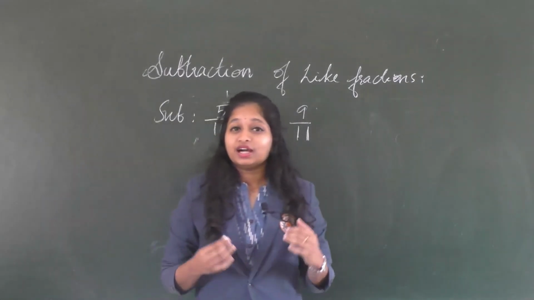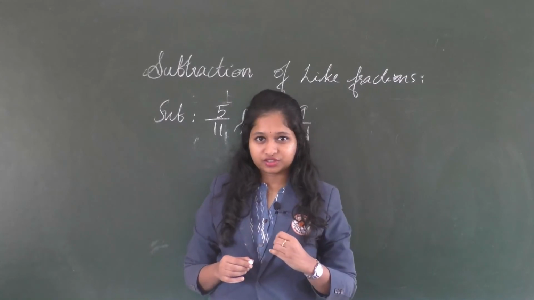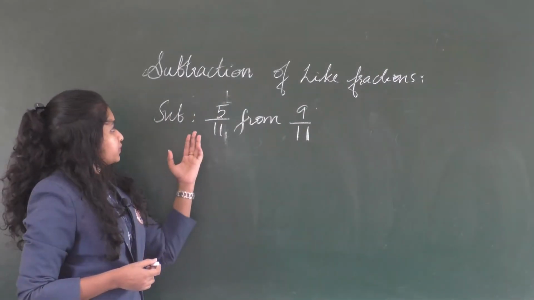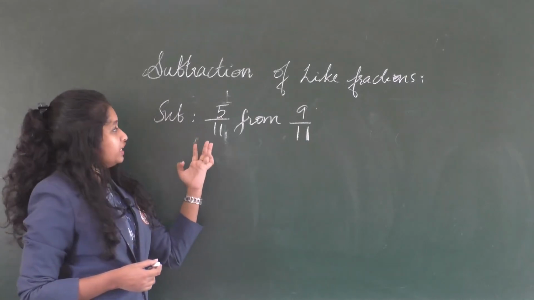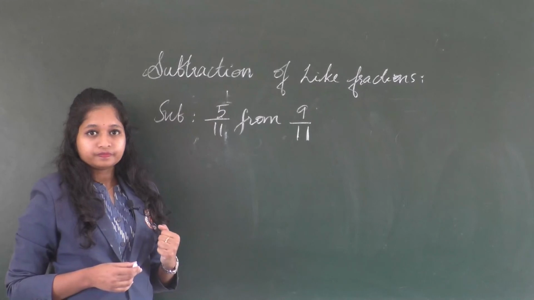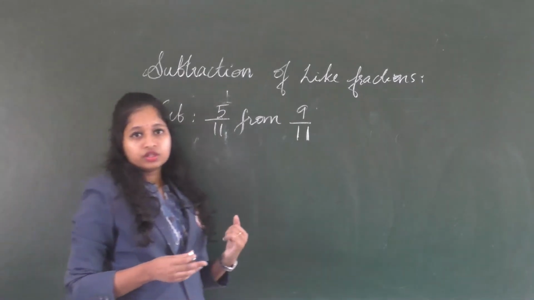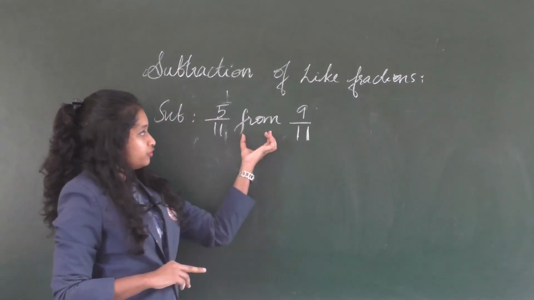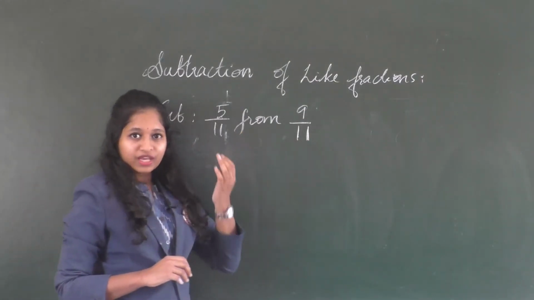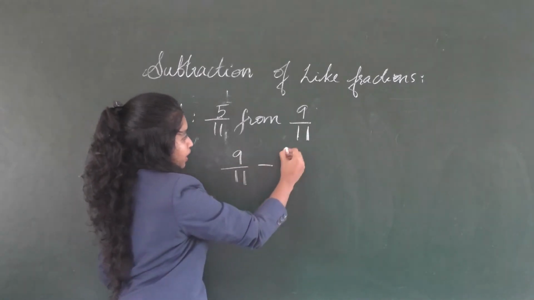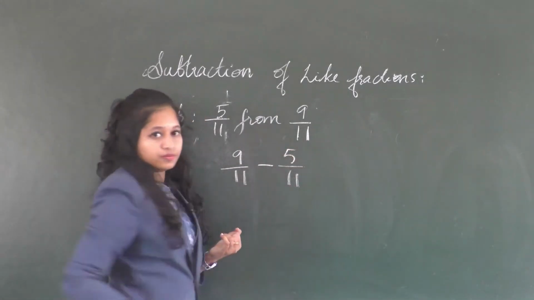Now, let us learn how to subtract like fractions. So here I have a question: subtract 5 by 11 from 9 by 11. As you do normal subtraction, you have to start from the number we subtract from, isn't it? So 9 by 11 minus 5 by 11.